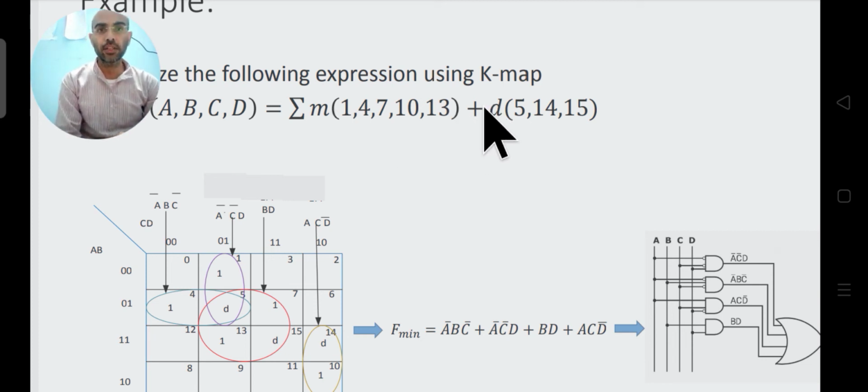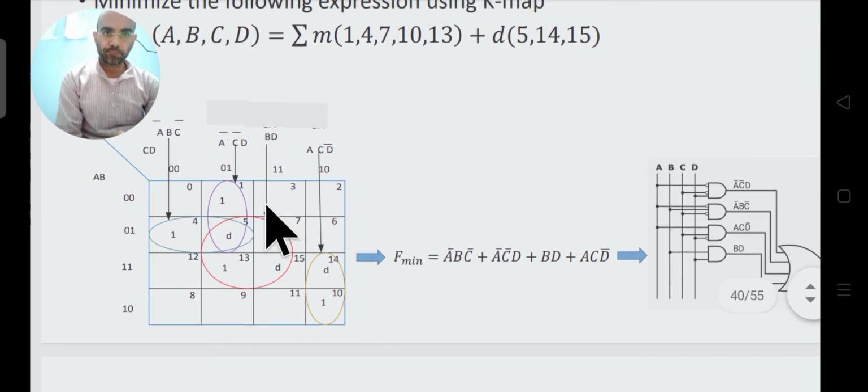whatever terms are given here, fill up the entries in the K-map. So you see we have filled 1 here at this location. Then the location of the 4th min term is also filled with 1. First let us fill the min terms, and then we'll come to the don't care.